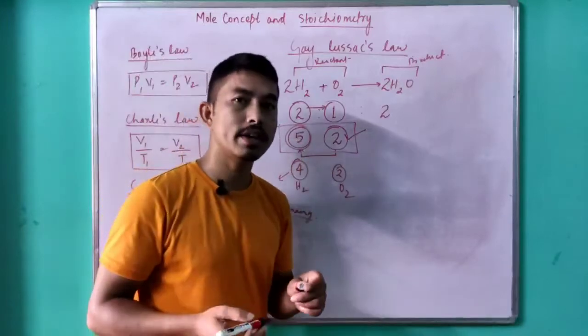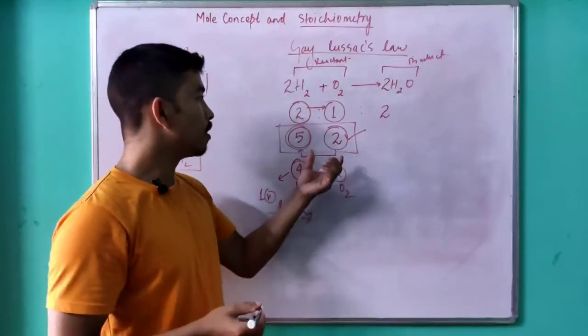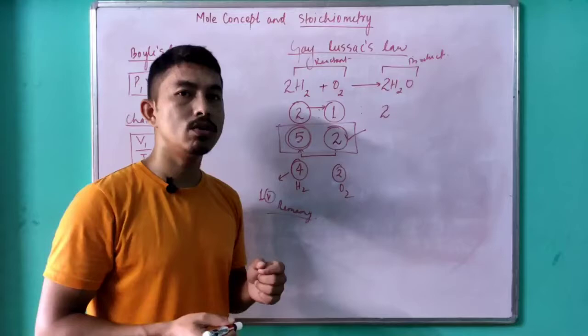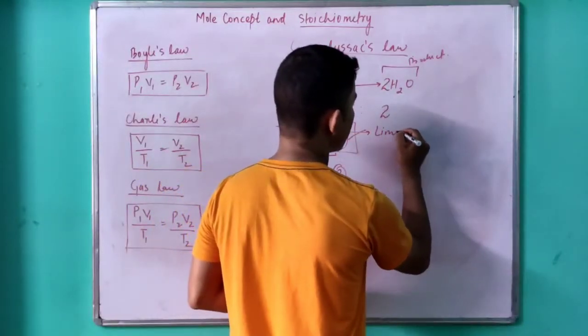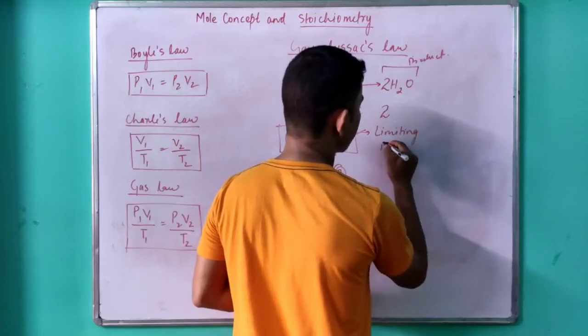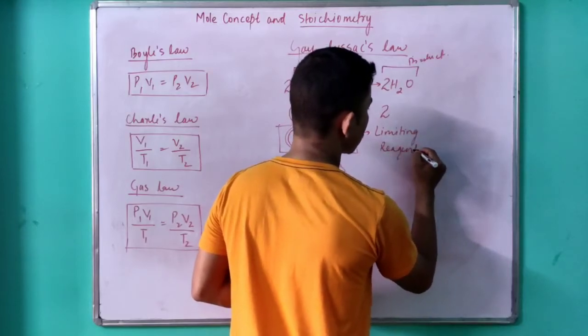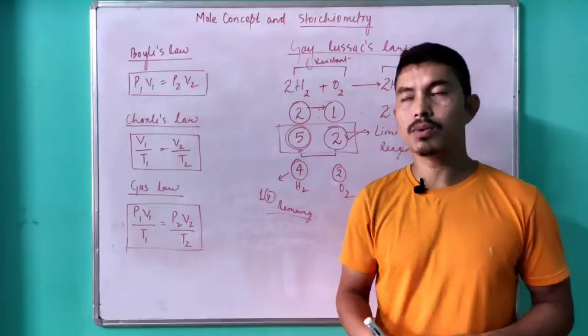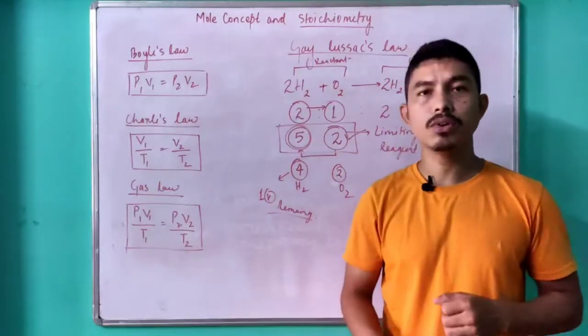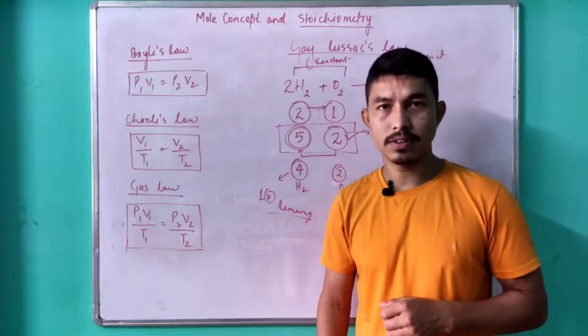Whenever gases react, whichever gas is completely used up is known as the limiting reagent. So here the oxygen is the limiting reagent. It's important to know what the limiting reagent is: it is the reactant that is completely used up during the chemical reaction.